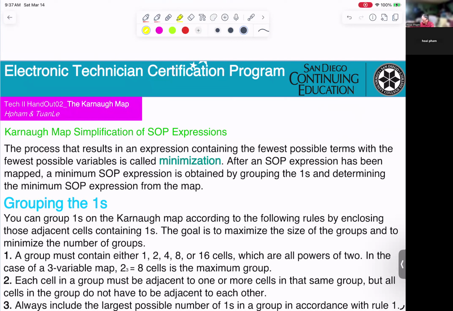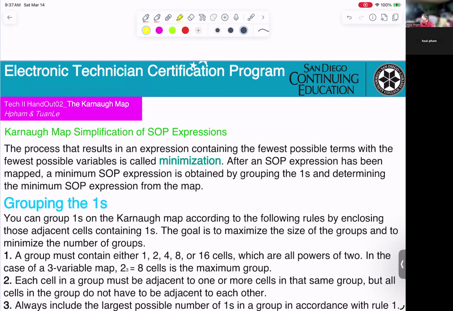Always include the largest possible number of ones in a group, okay, in accordance with the rule one. Each one on the map must be included in at least one group.